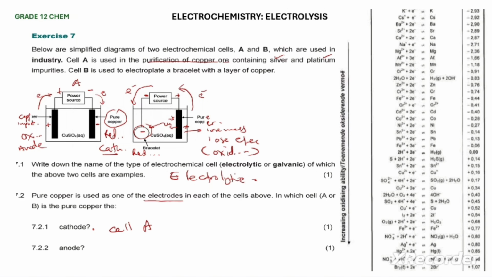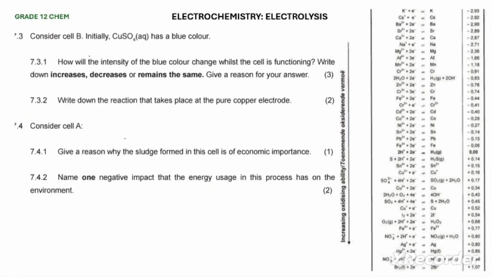At the anode, there is oxidation, and at the cathode, reduction. So we already say this is oxidation. That means this is the anode, and that is your pure copper. So cell B becomes the automatic answer to that question. Let's check out the next few questions.